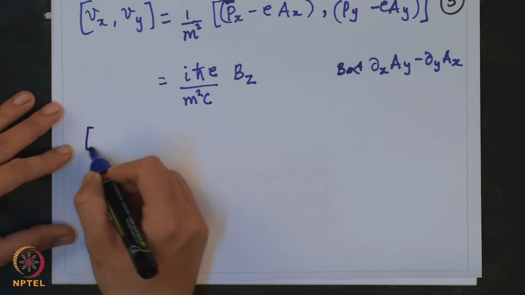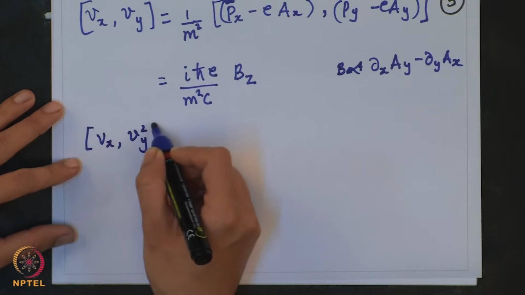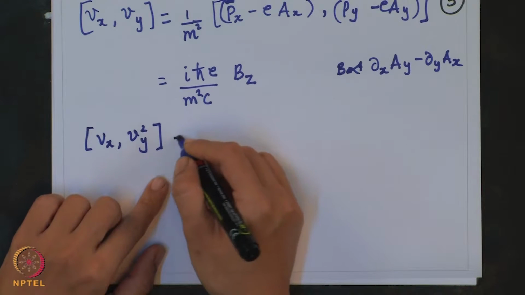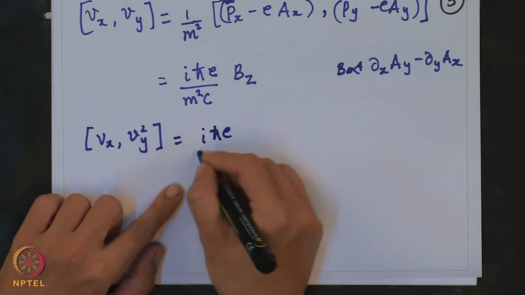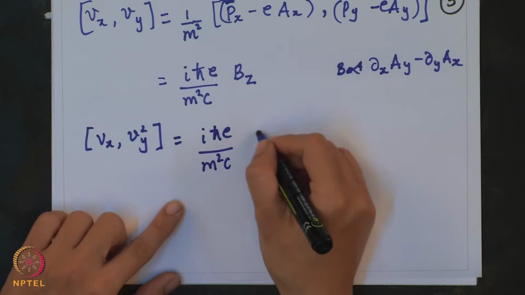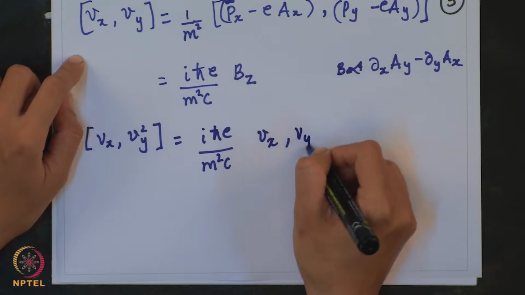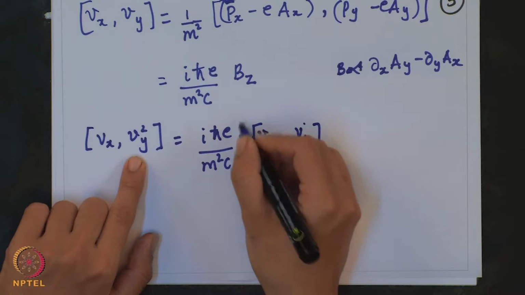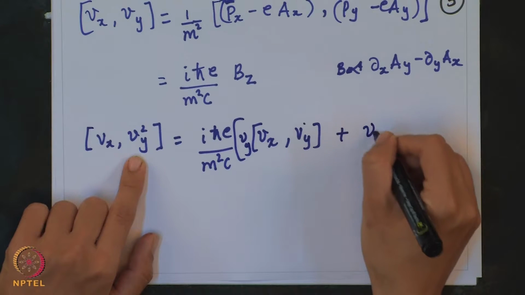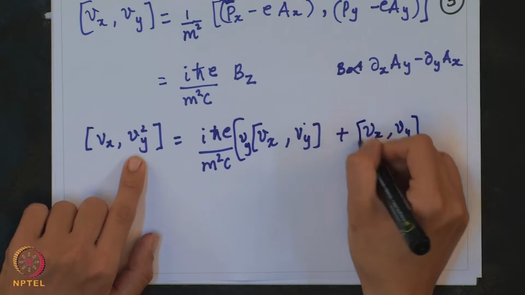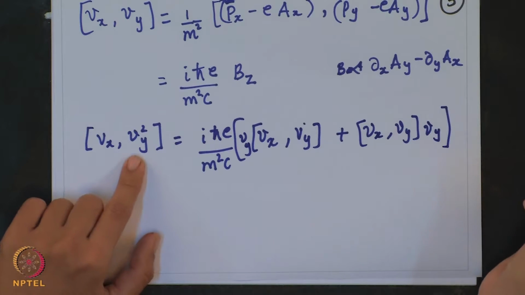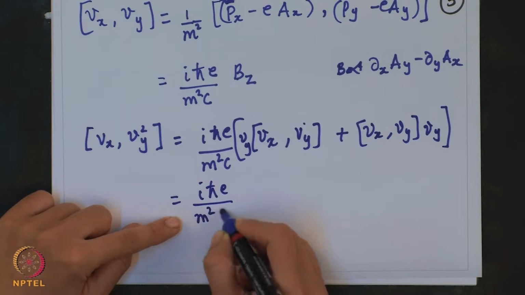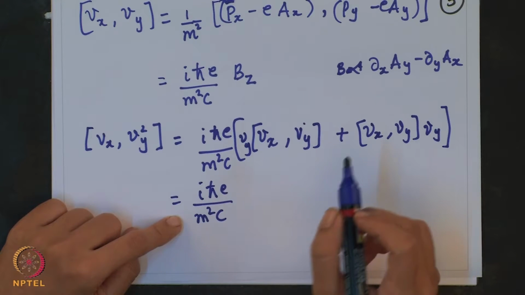So, similarly you can write what will be [V_x, V_y²]. [V_x, V_y²] is simple, you can rewrite this and use the relation [V_x, V_y V_y], which is V_y [V_x, V_y] plus [V_x, V_y] V_y. So, iħ e upon m squared c, this we have already.